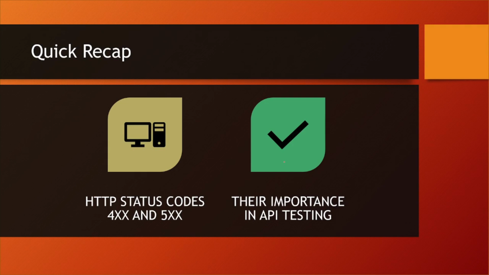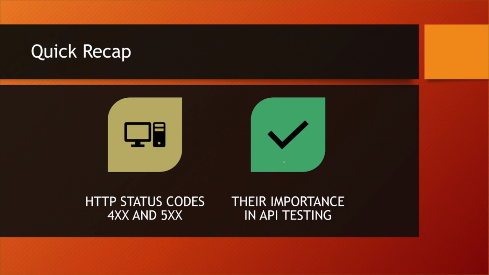Sometimes you get 400 errors, and if it's 400, then you have to check the request you are sending. Before reporting it to the developer, you have to make sure that your request is correct, and that whatever you are sending in the headers, everything is correct. Only then report it to the developers or the concerned teams.